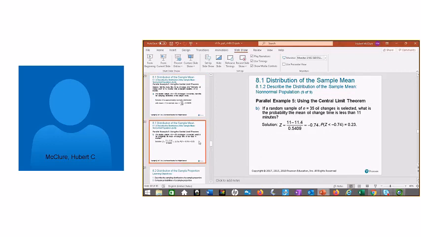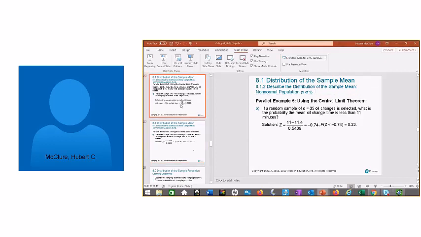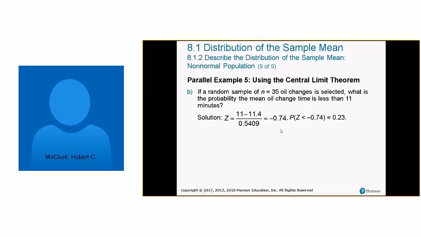You just got a new z-score using that 0.5409 instead of 3.2. That's it. That's the only thing testable out of 8.1, is that problem right there. So make sure you got that problem down. Okay?